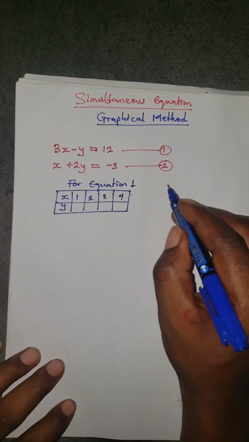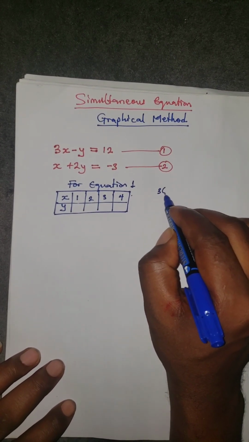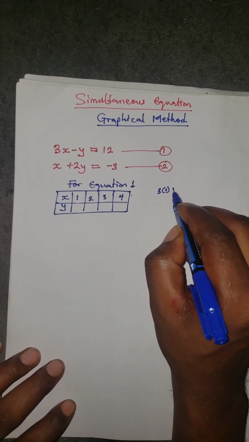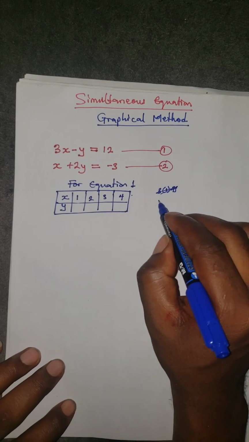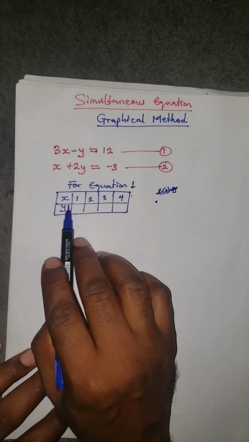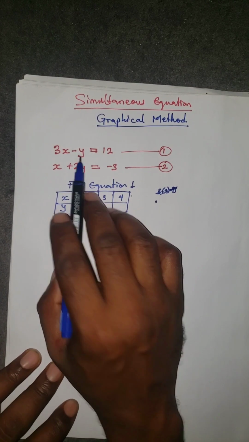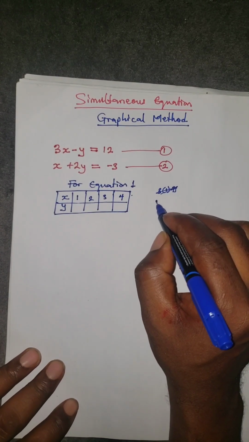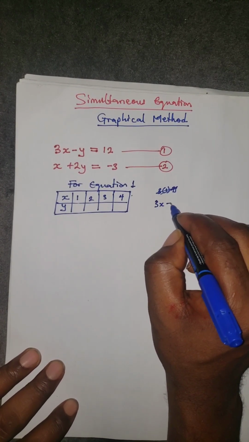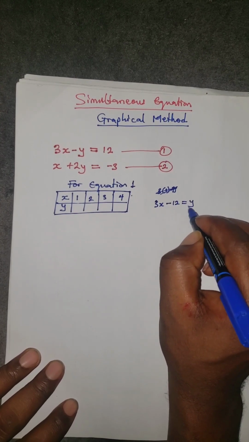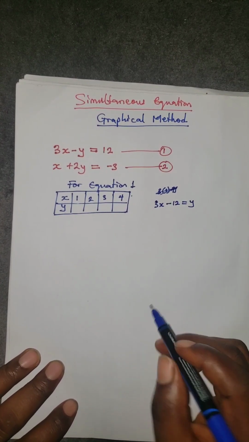So that will give me 3 into 1 minus y. Since I'm looking for y, I can first of all make y the subject of the formula. So that will give me 3x minus 12 equals y.